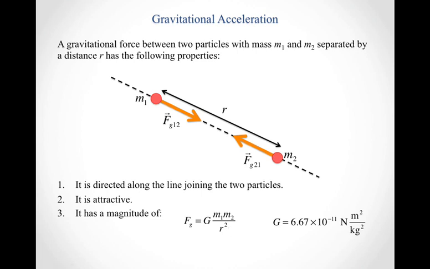Well, what we want to do at this point is see how the universal law of gravitation compares to how we've treated the gravitational force all semester long, and then see what that tells us about the gravitational acceleration.